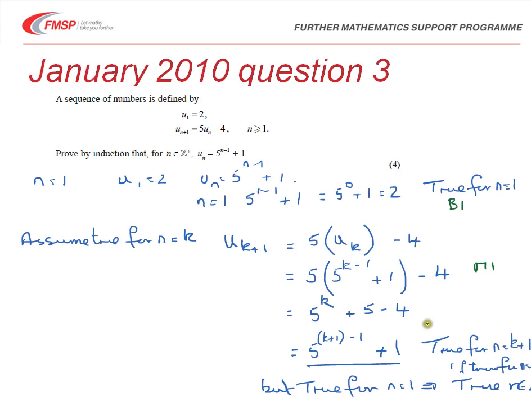Getting down to this stage here, an accuracy mark, and then again an accuracy mark for this final statement with all those elements in there. So the 4 marks give you that finished question.